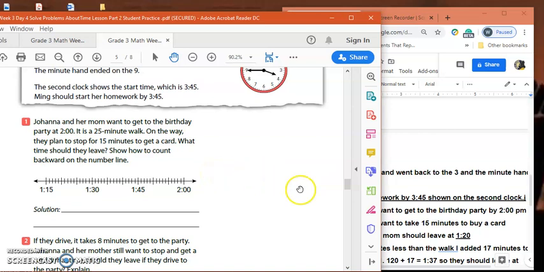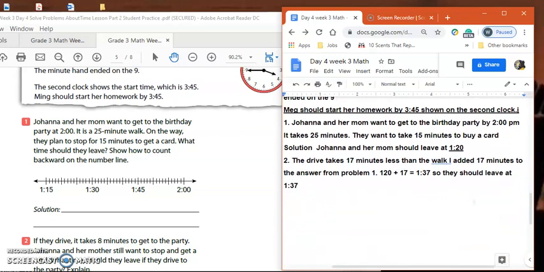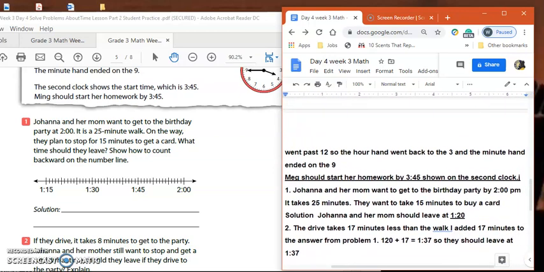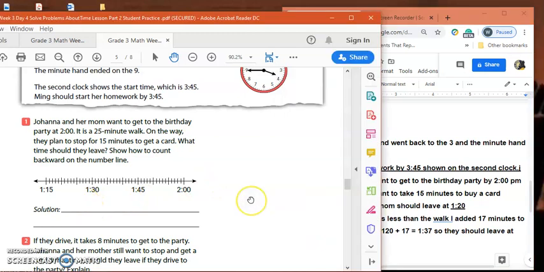So, if Joanna and her mom want to get to the birthday party by 2 p.m., it takes 25 minutes. They want to take 15 minutes to buy a card. So let's look at this number line and see. Okay, so it's 2 o'clock.